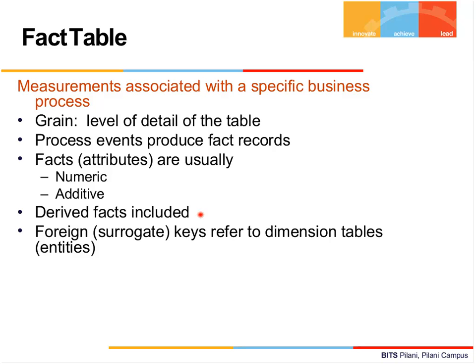The margin is not there in the sale transaction, or in the cost transaction. So you are going to generate that derived fact value on the fly, based on the transaction that happens, and you calculate that and store that in the fact table. Okay? If you look at OLTP systems, you would not store this margin.